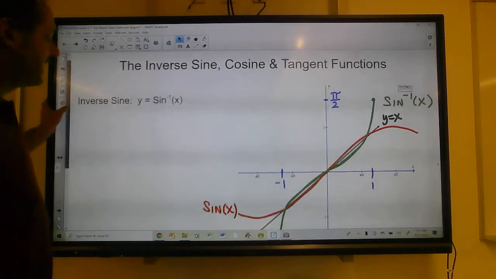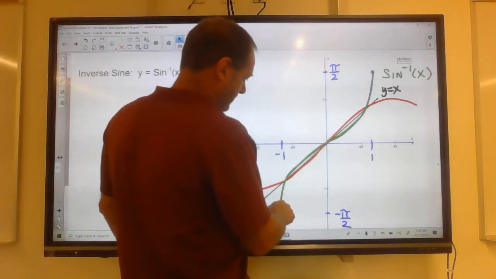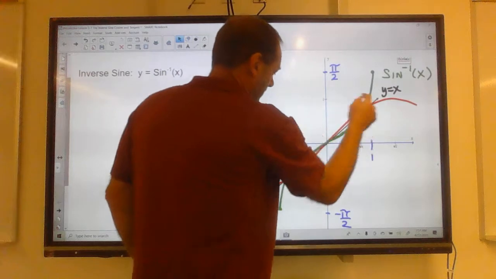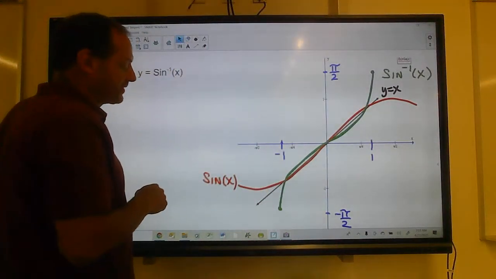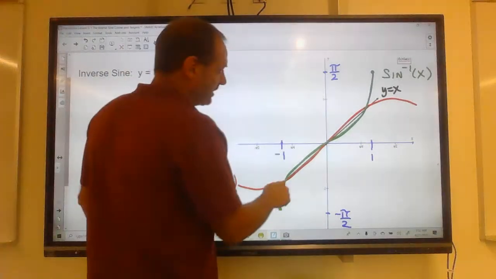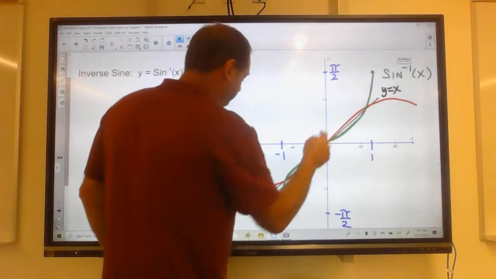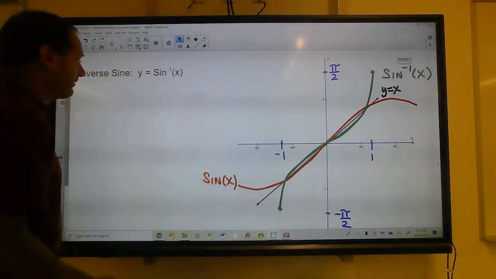If I have a sine curve like this red curve right here, the inverse is the reflection in the line y equals x of that. So it's this green right here. Now, remember what an inverse does.